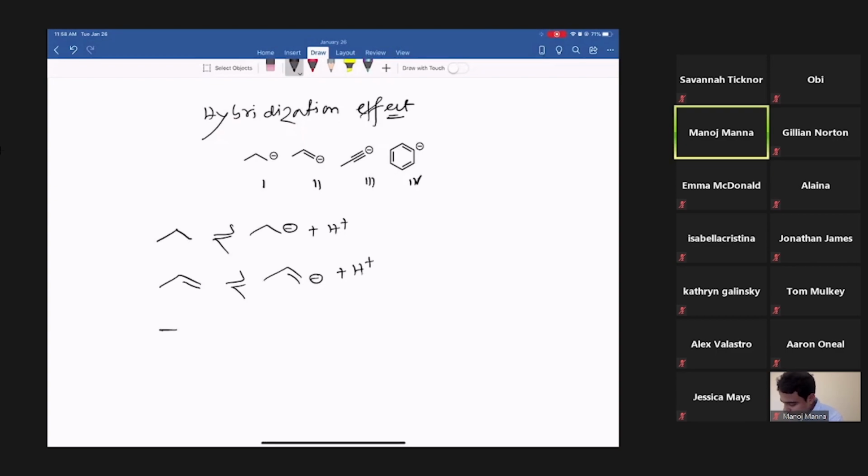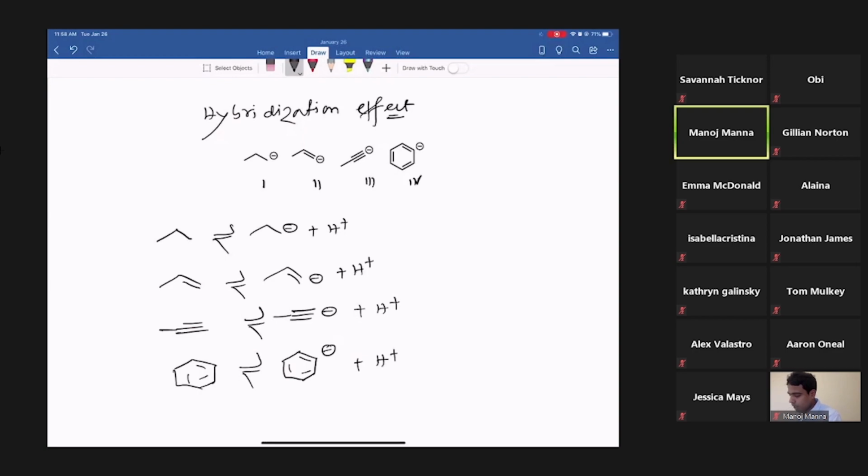Now this one, negative plus H plus, and this one, negative plus H plus.